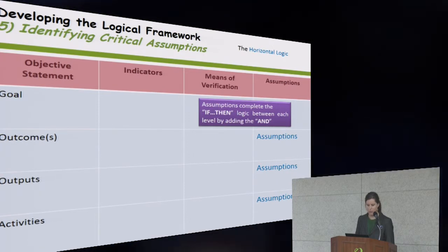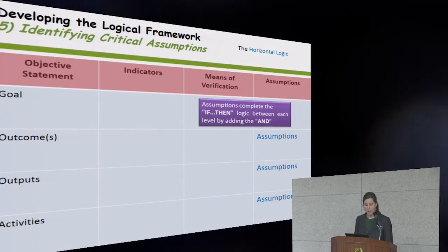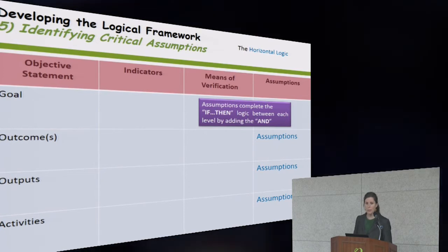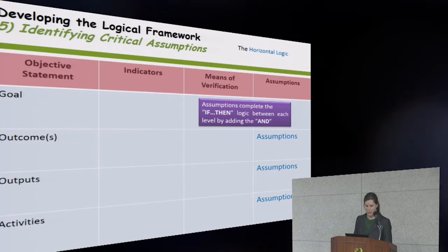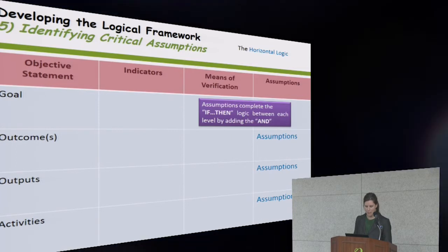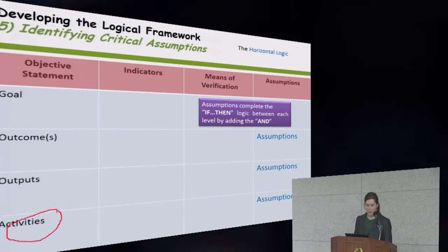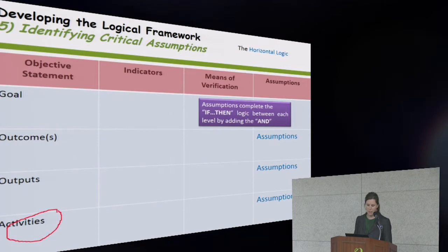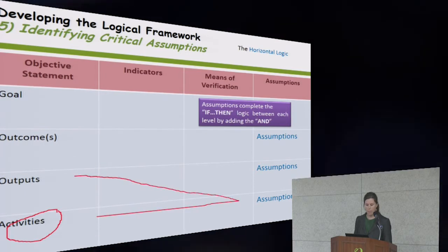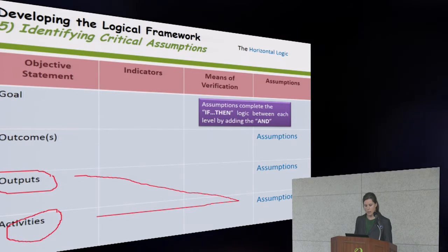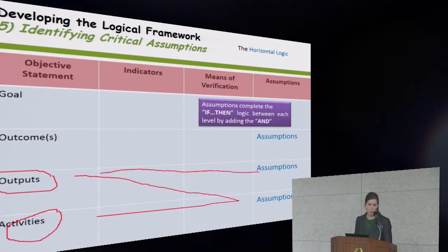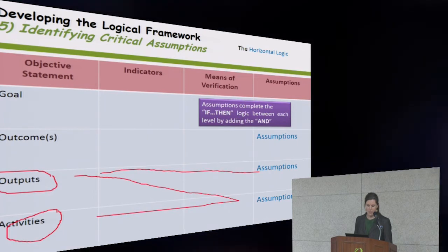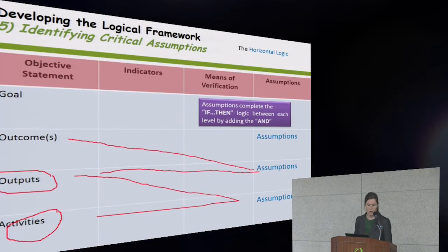So when you're designing your assumptions, you're filling out this column of the log frame, you want to go through the logic of your log frame. So you'll say, if activities, I apologize for my art skills, and assumptions at that level, then that will lead to the outputs. And if the outputs are produced and the assumptions hold true at that level of the log frame, then we'll be able to see changes, or our outcomes.